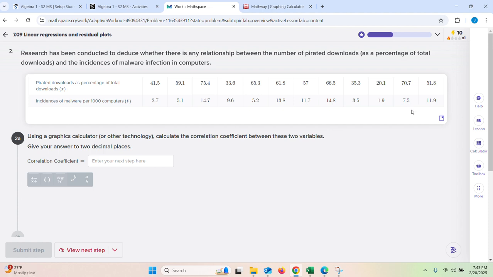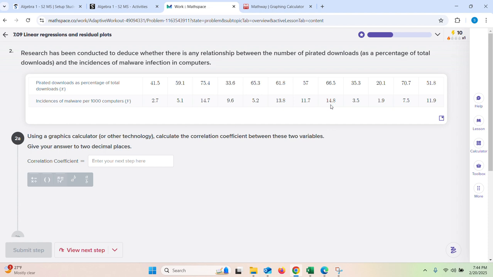So I'm going to do that right now because I think it covers up this part. And you'll see here in a minute, but I want to save time by writing this down. 70.7 and 51.8. And I'm just writing down from about here.